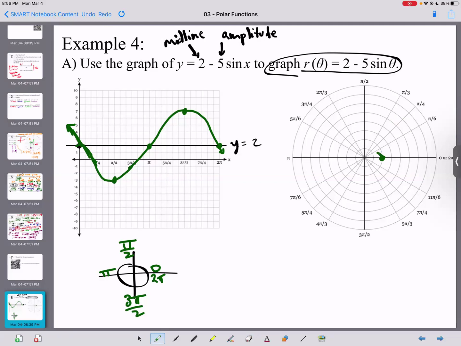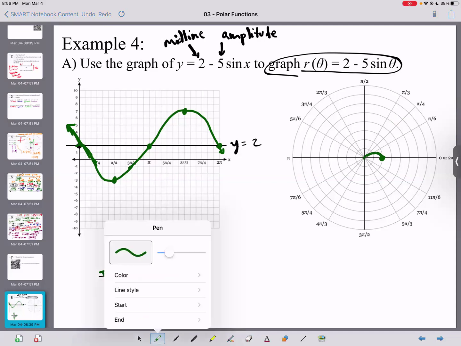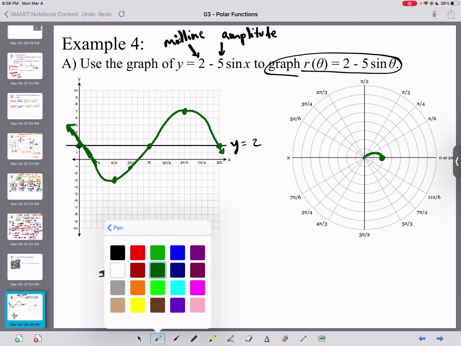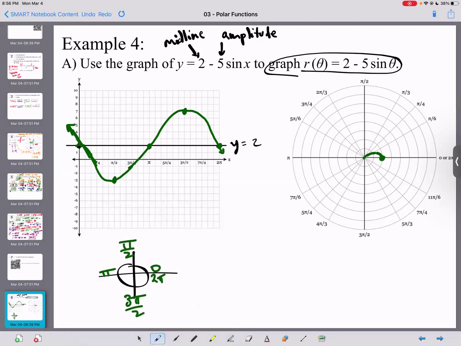So as I move around this way, I'm going to hit this polar axis at this point here. When I get right there, that's when this graph hits the pole.